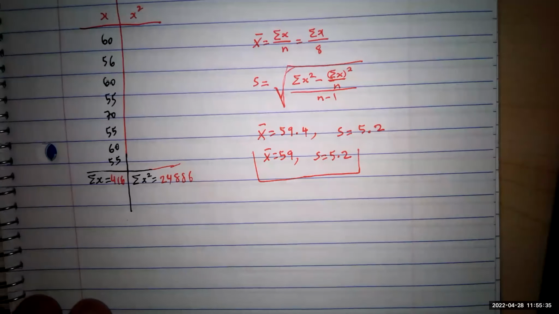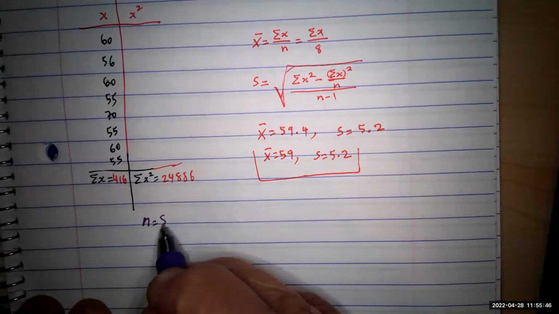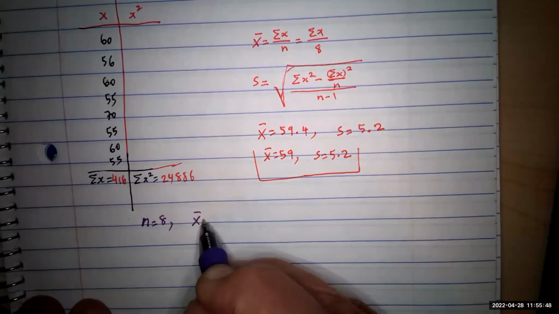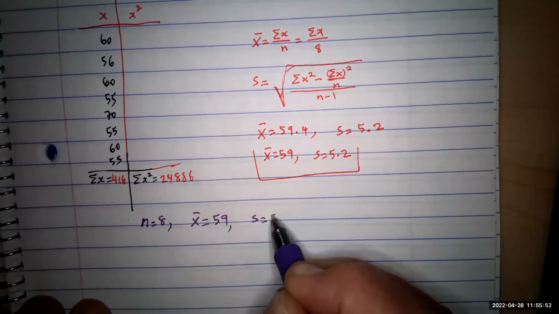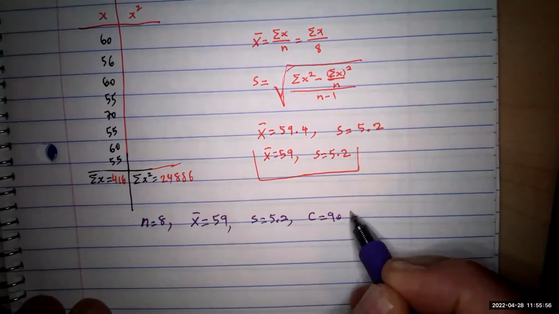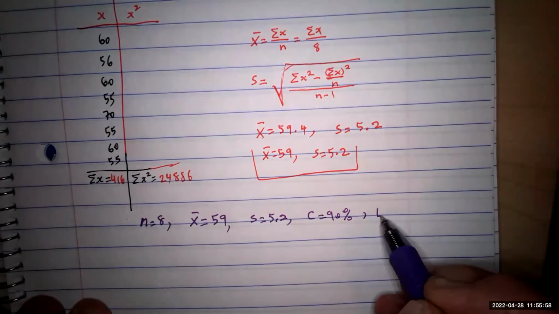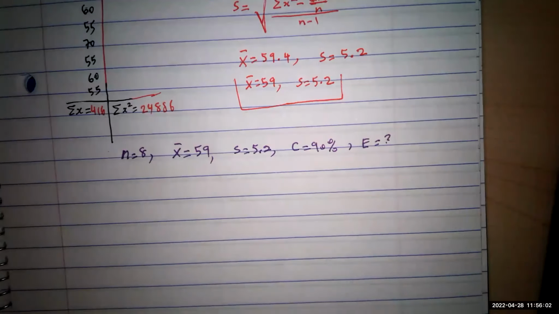Okay, so now we have a problem. We have the case. So the case is that we complete everything we need. We have the case of the sample size of 8, X bar of 59, standard deviation of 5.2, C of 90%, and we want to find the margin of error.